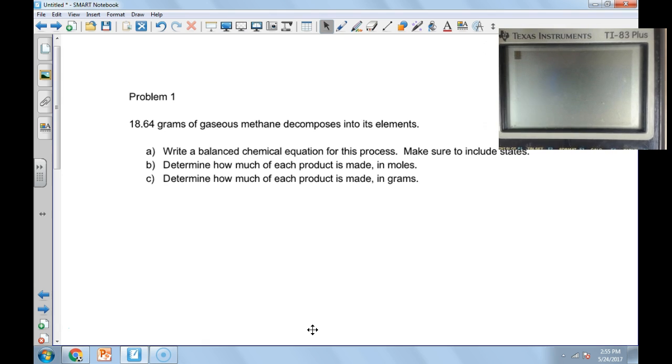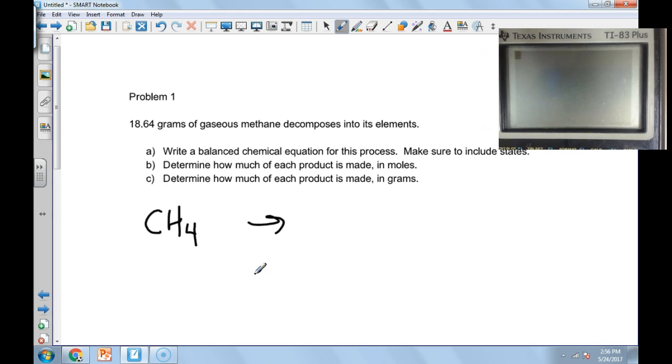Okay, so we have methane and it's decomposing. Now, this is a lot in this first reaction here. What we know is that we have methane, CH4, and that is decomposing into its elements. So we know there's no other reaction here, because decomposition is one reactant forming many products.